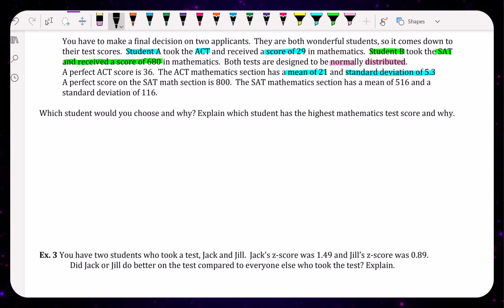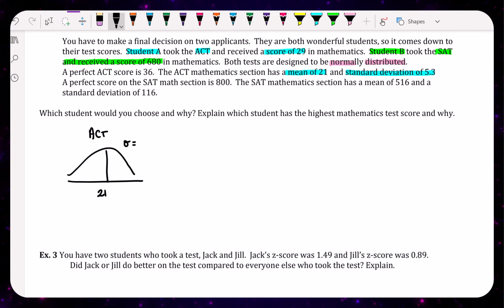Now, you don't have to do a full picture of it, but I do want you to see what it kind of looks like. I'm just going to label the mean. So the mean is 21, and then on the outside, I'm going to say the standard deviation is 5.3. So it's got a very small standard deviation, and this is going to represent student A. Okay.